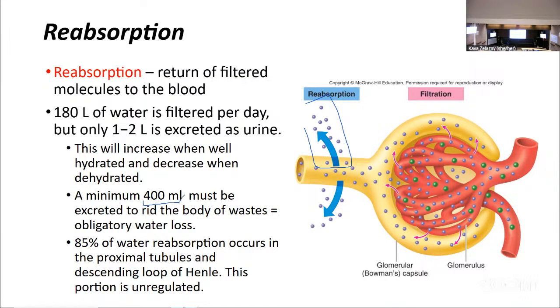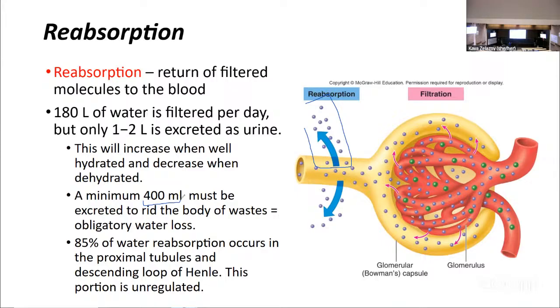This is because you can't just send chunks of salt through the nephron. They need something to move through. So this 400 milliliters is the minimum amount that can pull the waste products along through your kidney and out of your body. This is what we think of as our obligatory water loss per day.